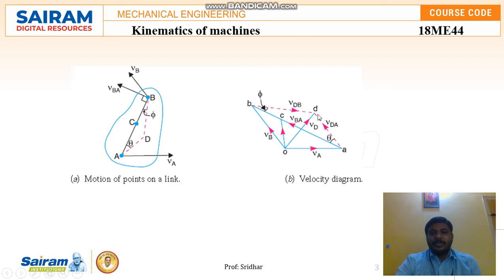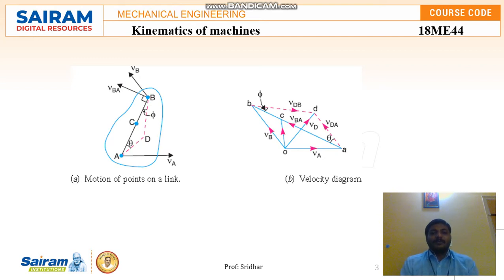Now we can see the vector DA formed where the lines intersect. We can also measure the angle when we join B to D, the vector DB, that is the pressure angle, phi.